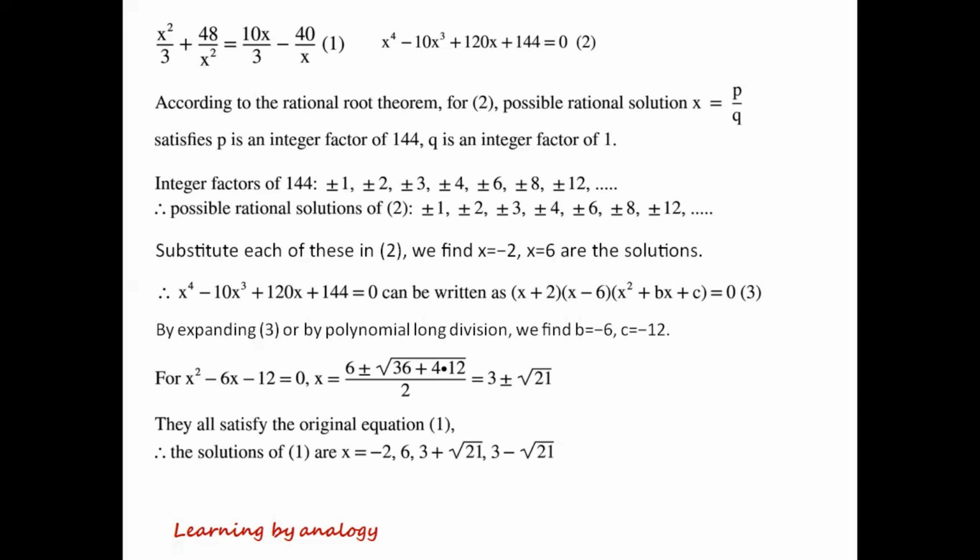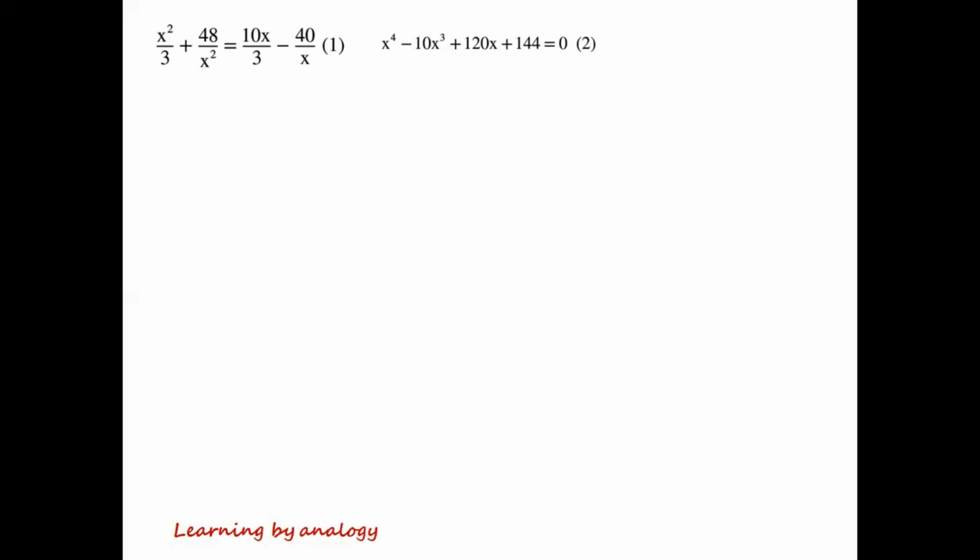They all satisfy the original equation, equation 1. So the solutions of equation 1 are x equals minus 2, x equals 6, x equals 3 plus root 21, x equals 3 minus root 21.